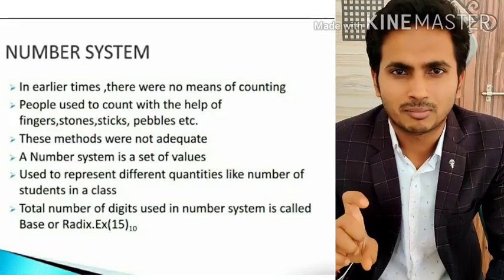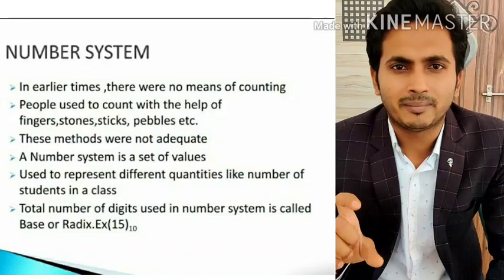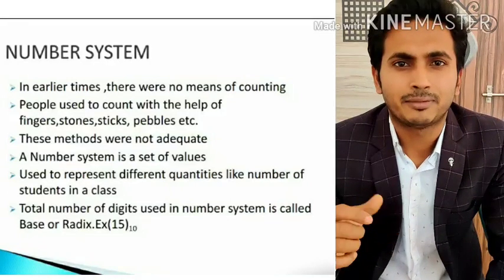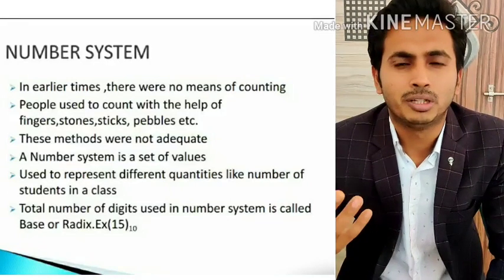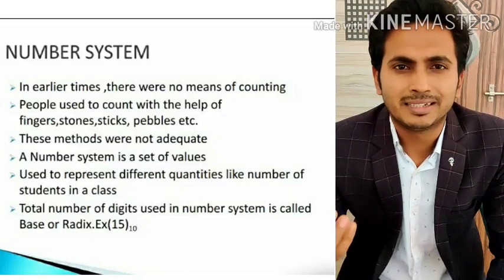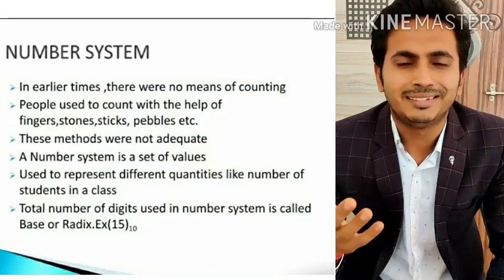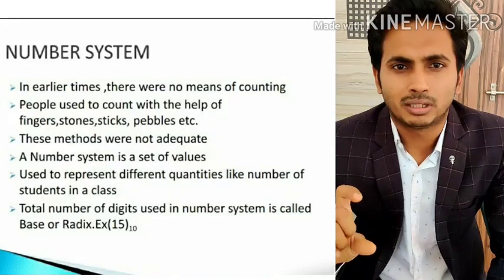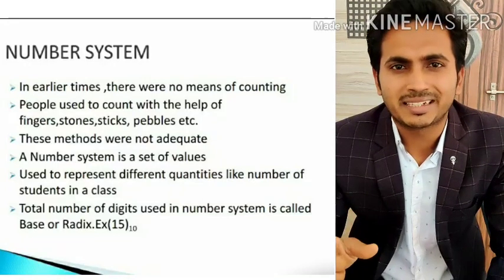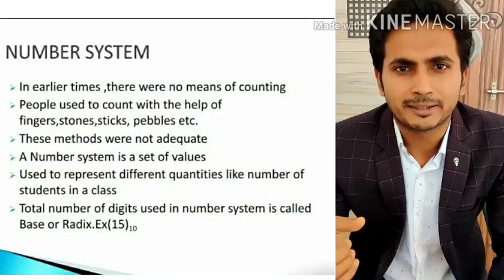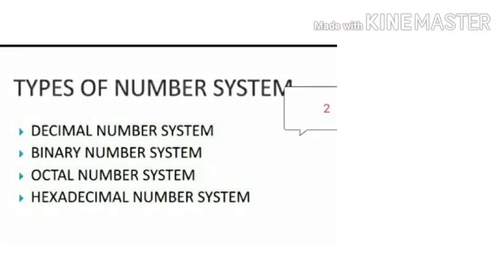So this is about the number system, and here we have digits, like 0, 1, 2, 3, 4. Every value is a digit. The total number of digits makes a base or a radix.